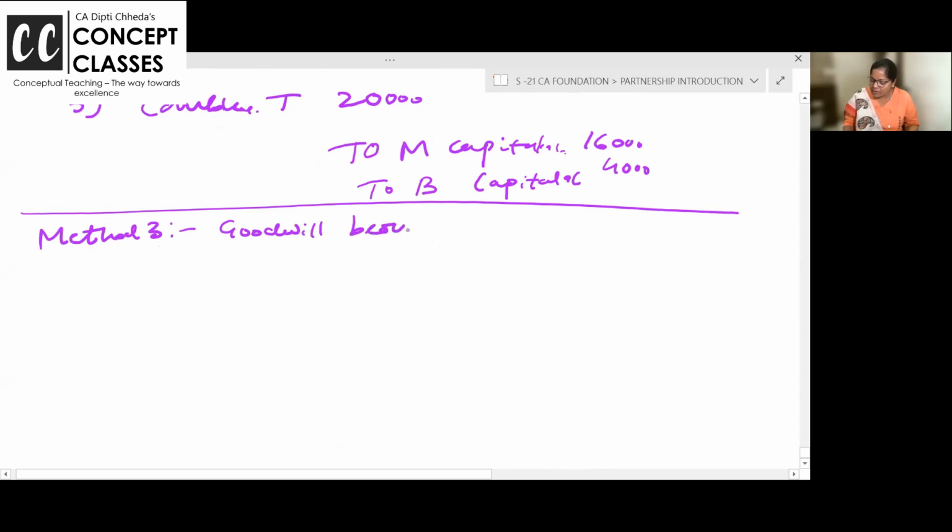Goodwill brought in cash, only part amount. Only part of the amount of goodwill is brought in cash. So for the remaining, his capital account should be debited. You have to do that.